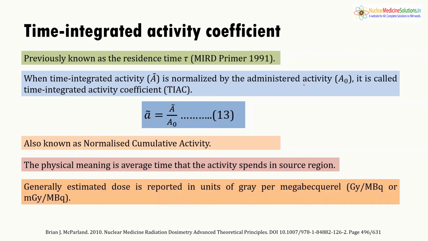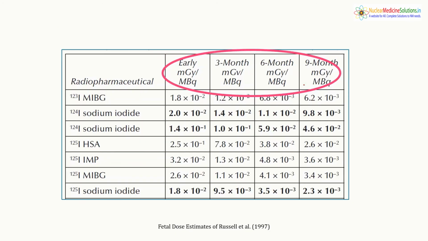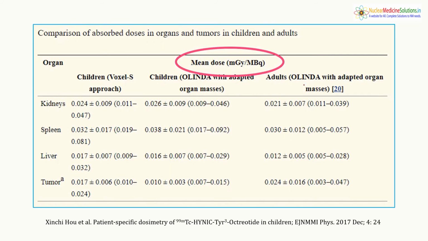Generally, the estimated dose is reported in units of gray per megabecquerel or milligray per megabecquerel in literature. So every time integrated activity is normalized to administered activity, and it is called the time integrated activity coefficient. And in this second example you can see the milligray per megabecquerel mean dose is shown.